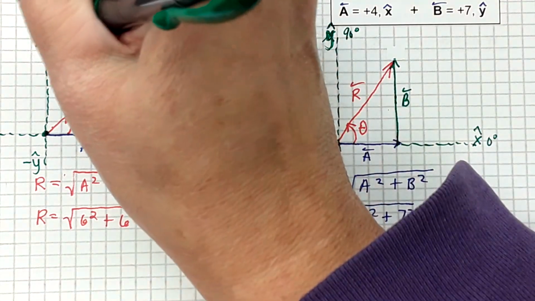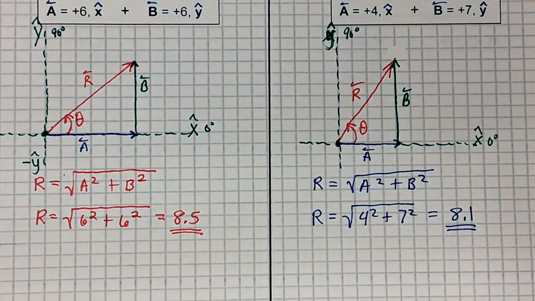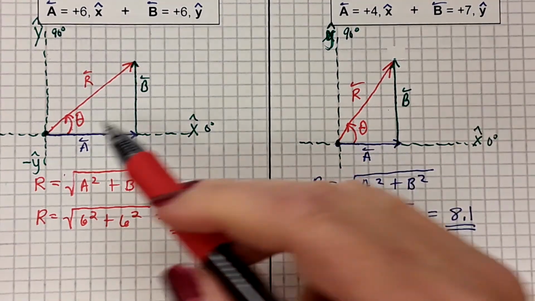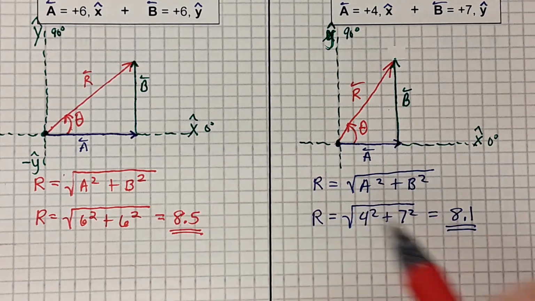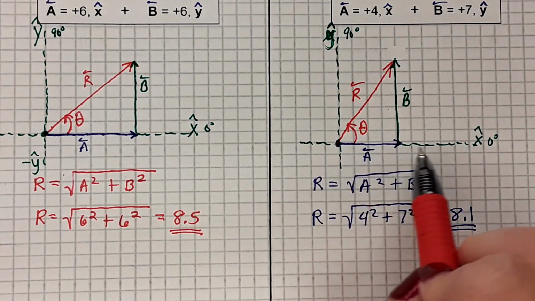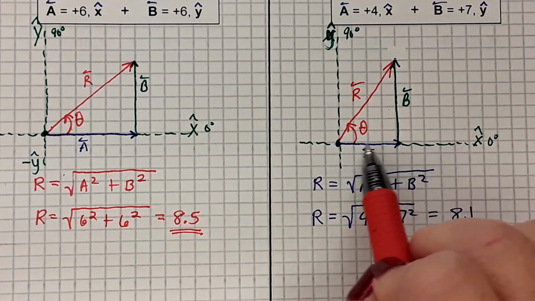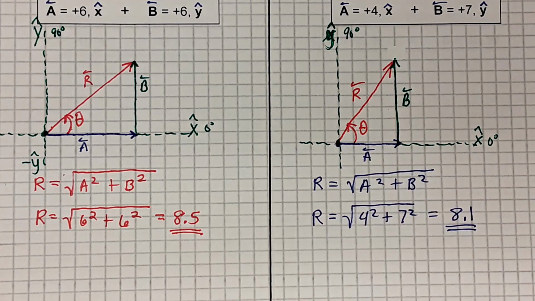We always start from the horizontal and measure around towards the vertical, okay? So these are the angles we want, and we're going to say that they are that many degrees above the positive x-axis, okay?